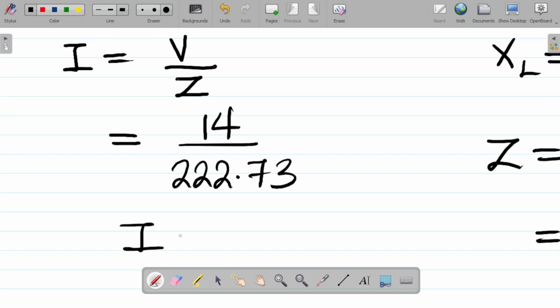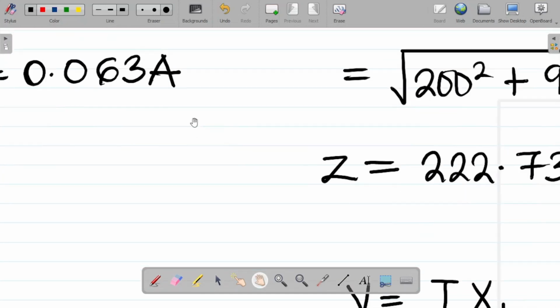The current here is equal to 14 divided by 222.73. If we do this, your answer is approximately 0.063. And this would be in what? Amperes. So I is equal to 0.063 amperes.